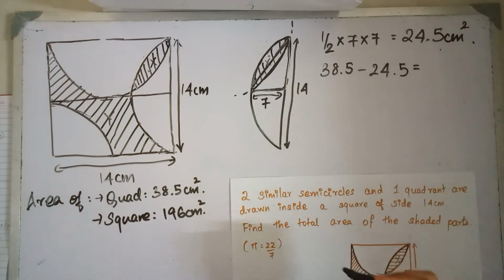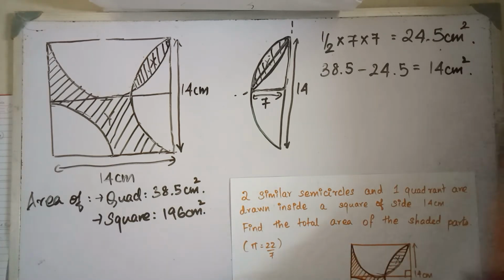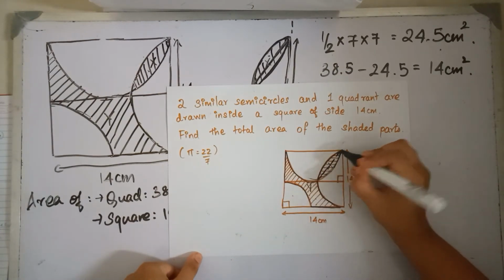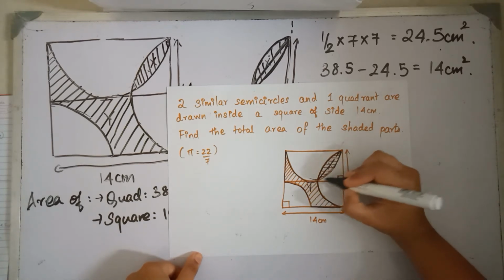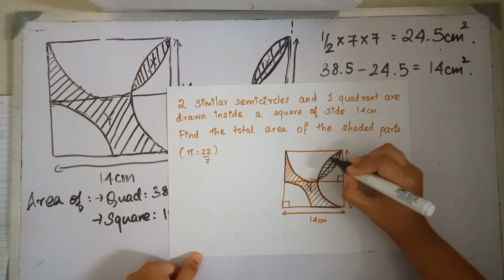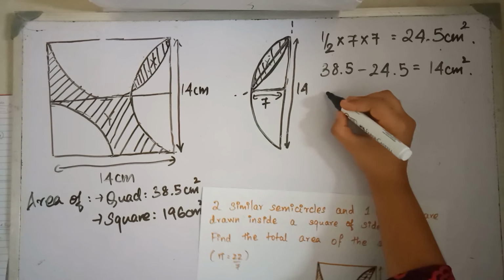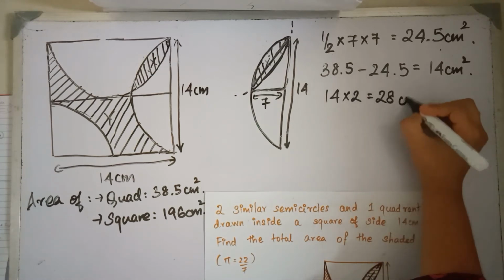This gives us 14 cm square. Now what is 14? 14 cm square is only half of this, because this is the triangle, this is the quadrant. We have only found out this region, not this region. So to find out the total shaded area, we take 14 into 2, that is 28 cm square.